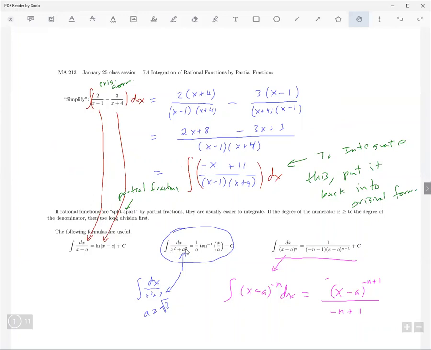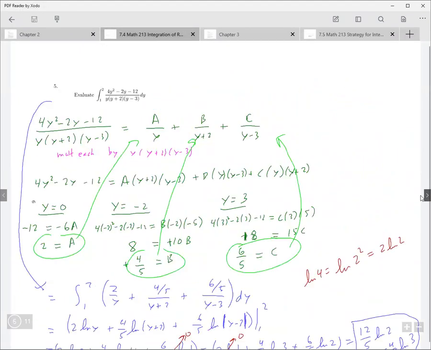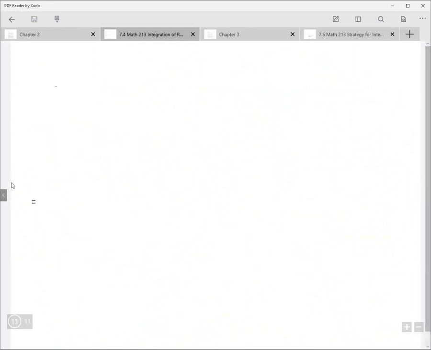And here, this is a 4, so a is 2. A is just plain old 2. And then instead of x, I put x plus 6. That's number 8 from 7.4. Any questions about that?